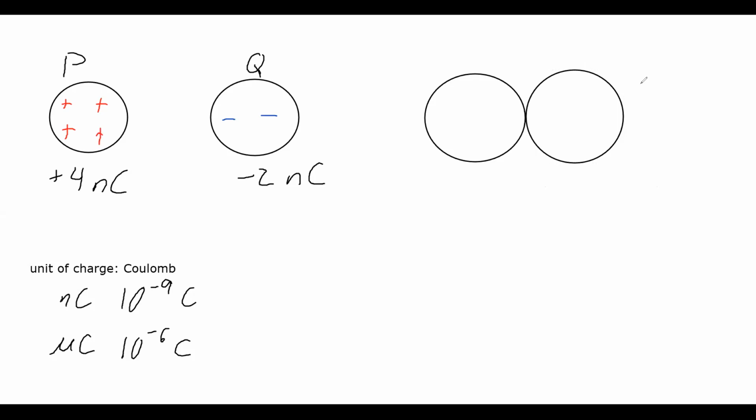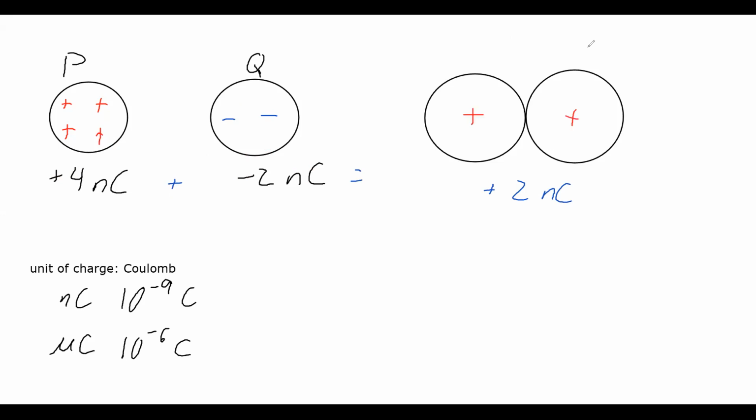We combine them together, and what's going to be left? Well, 2 of these positives are going to neutralize these 2 negatives. So what's left, if you add these together, is positive 2 nanocoulombs, but that positive 2 is shared between these 2 spheres. So you're going to have 1 here and 1 here. I'll do it in red.